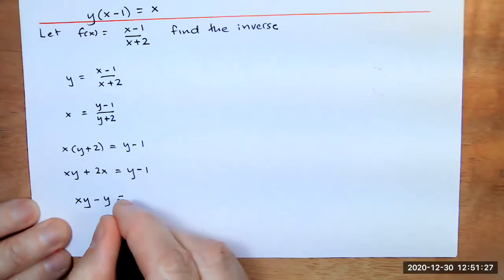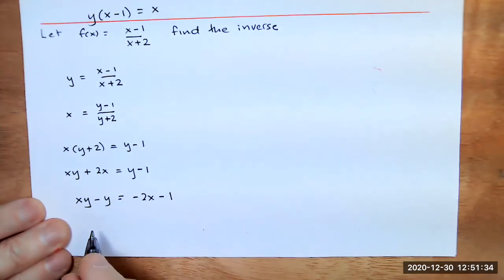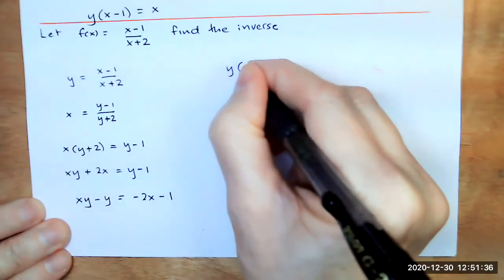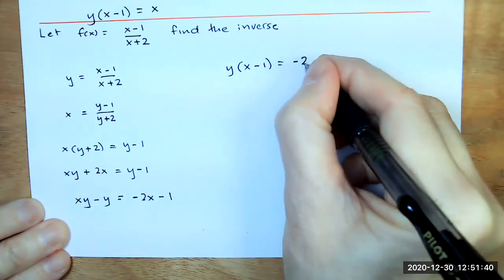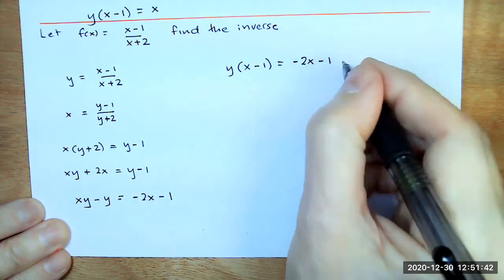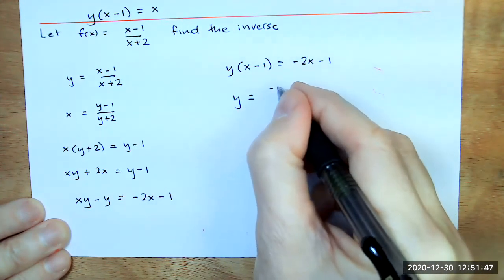Get all the x's on the same side. Factor out the y. And divide both sides by x minus 1.